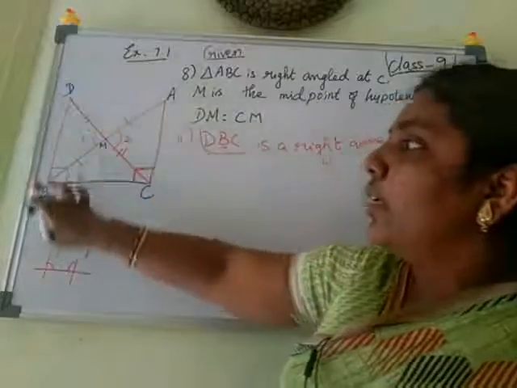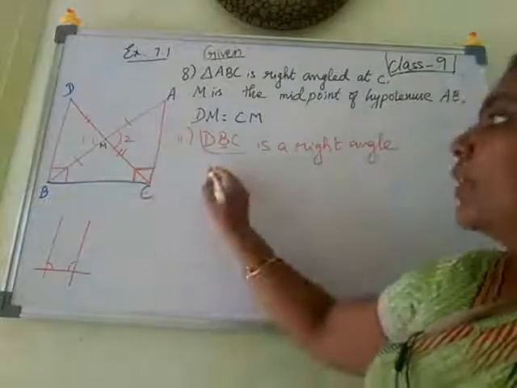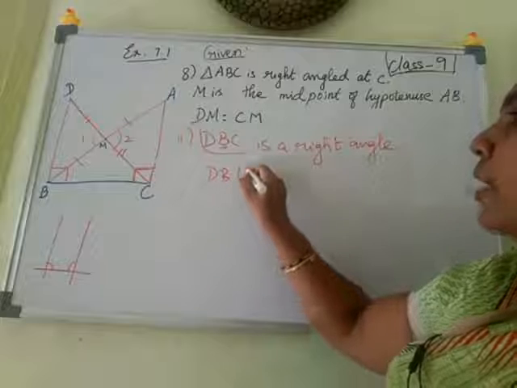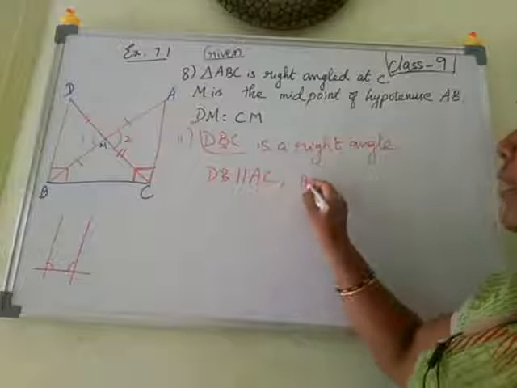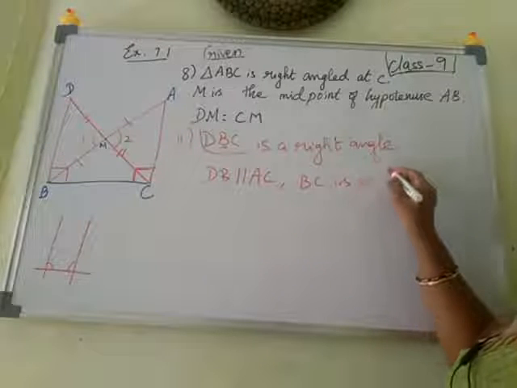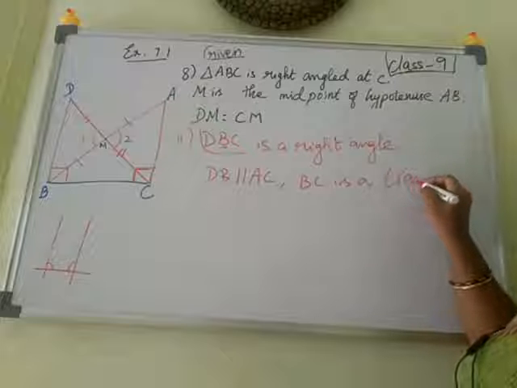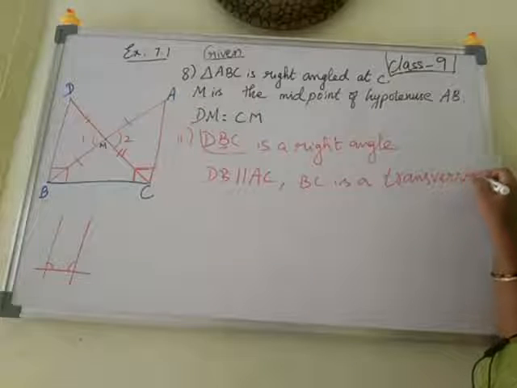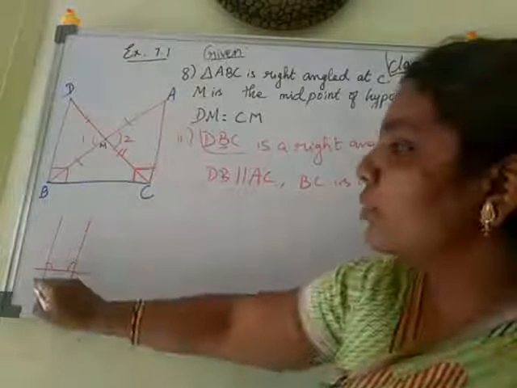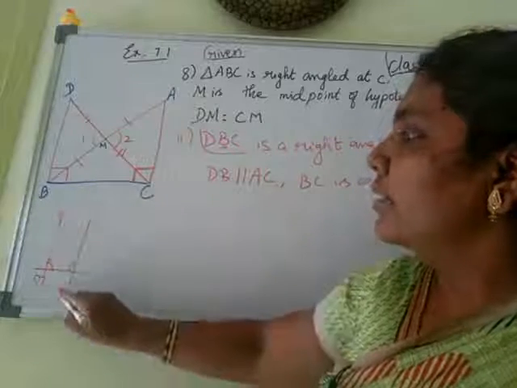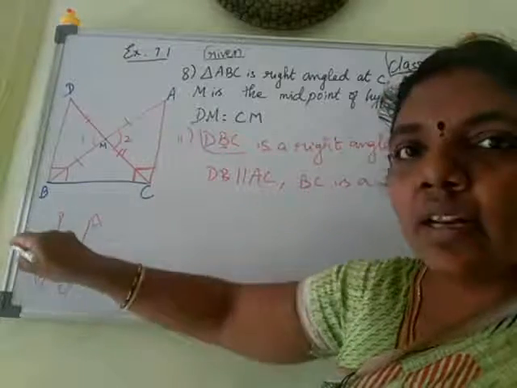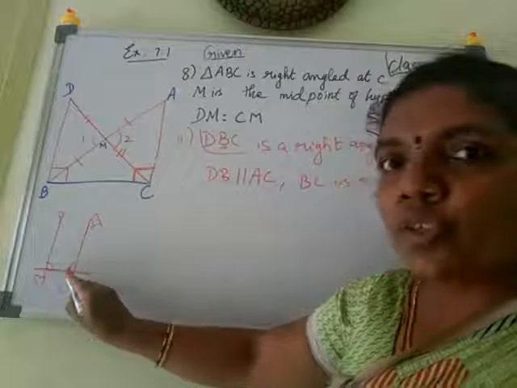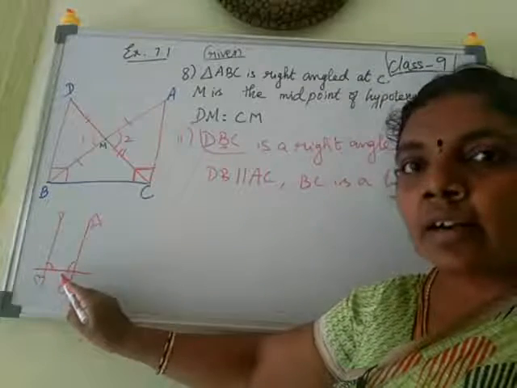So here DB is parallel to AC and BC is a transversal. So this is BD and this is CA. BC is the transversal line. If you add these two angles, the sum will be 180 degrees.